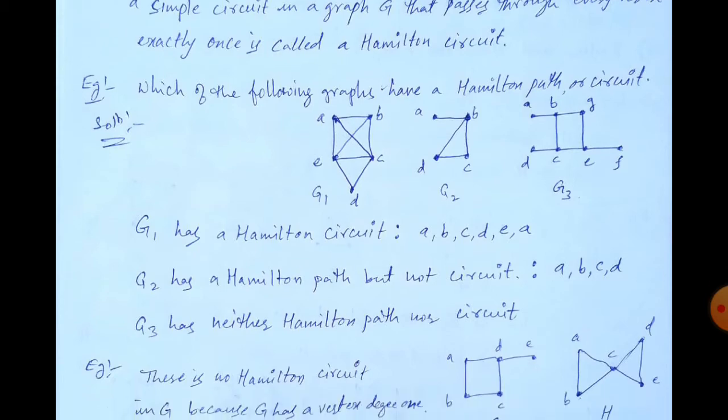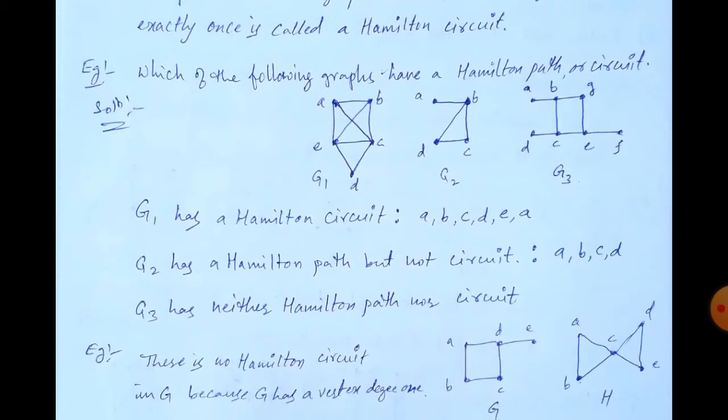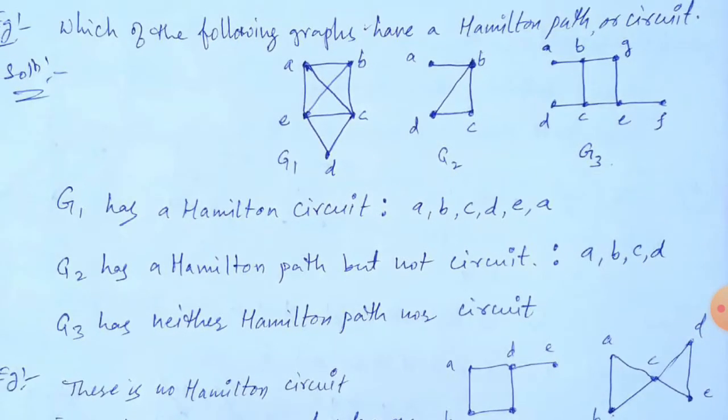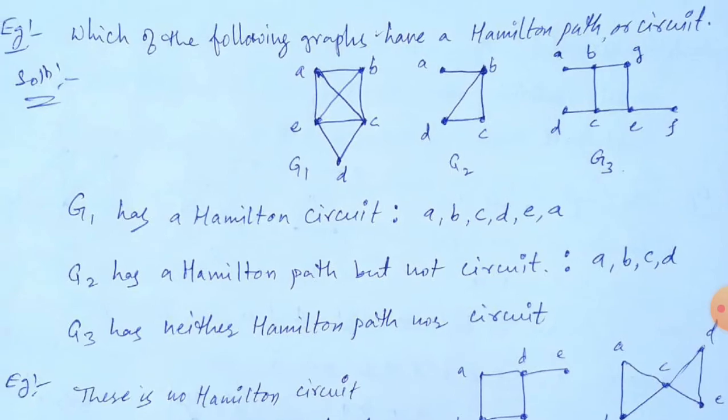Now observe. Which of the following graphs have Hamiltonian path or circuit? Okay. Now see example G1, G2, G3 are given. Example G1 has Hamiltonian circuit. Now observe, we go A to B, B to C, C to D, D to E, E to A. Okay, so here there is a Hamiltonian circuit, but if you observe, we have not visited some edges here.